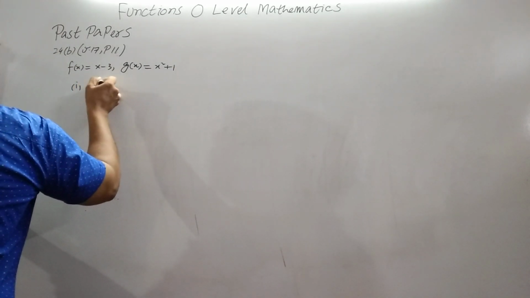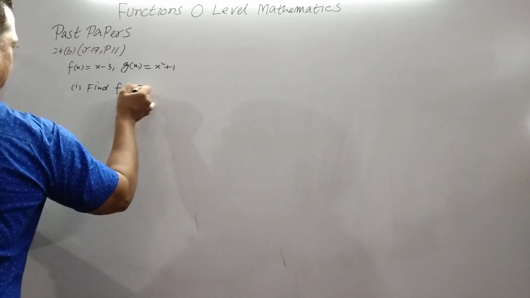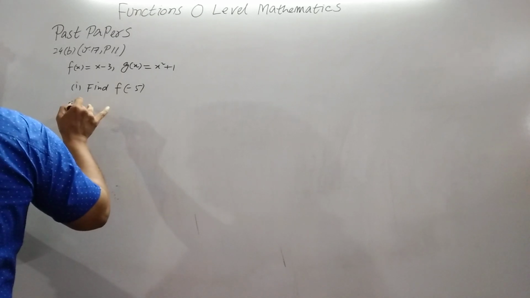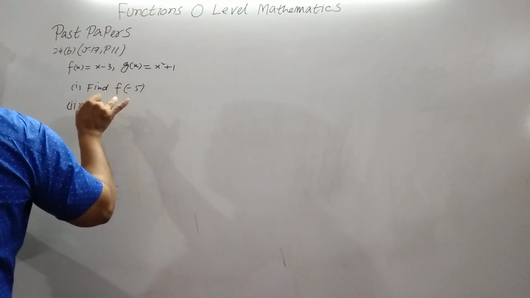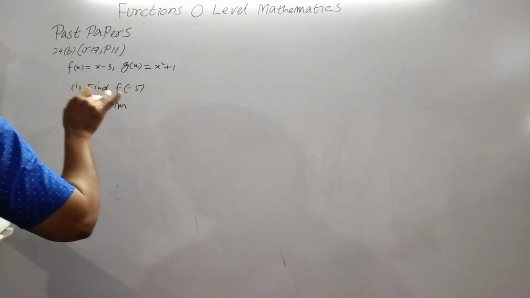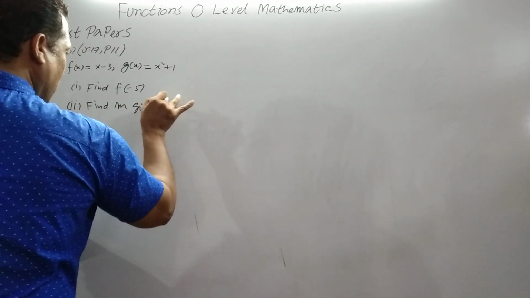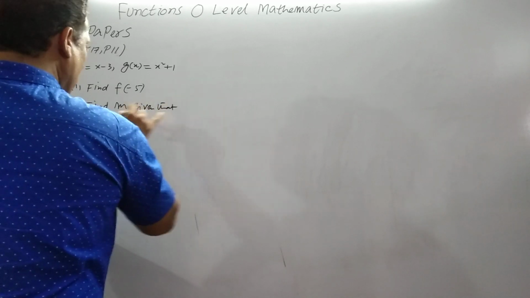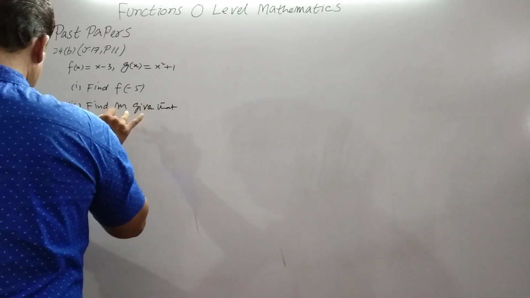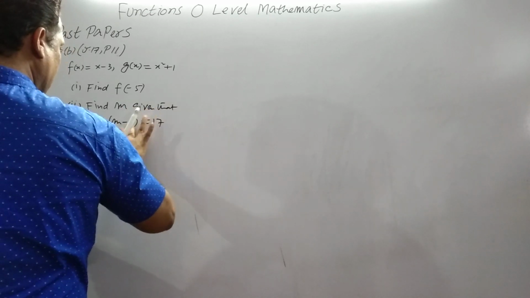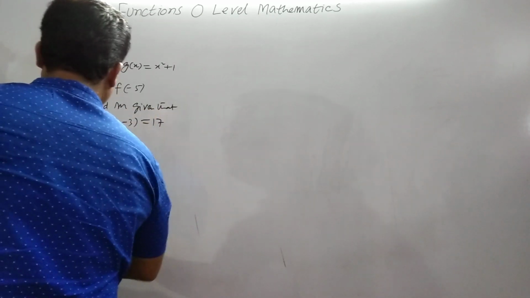Part 1, find f of minus 5, and part 2, find m given that g of m minus 3 is equal to 17.